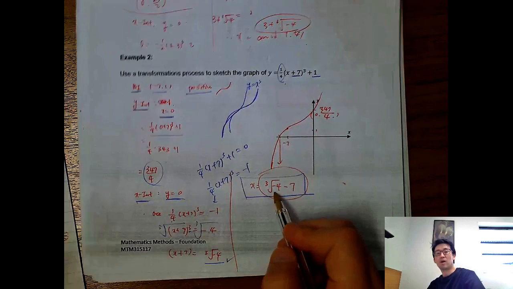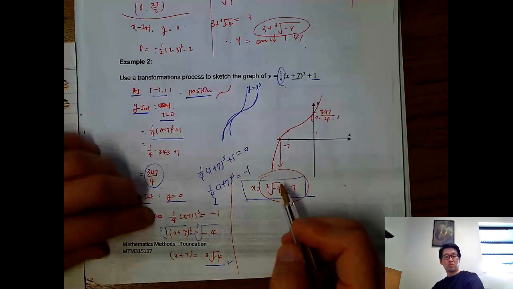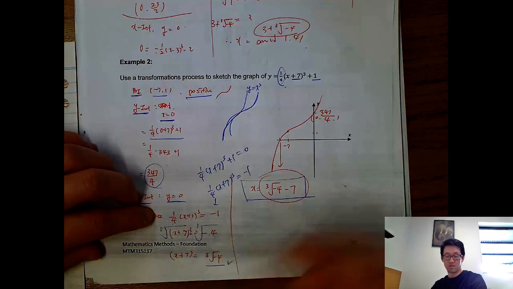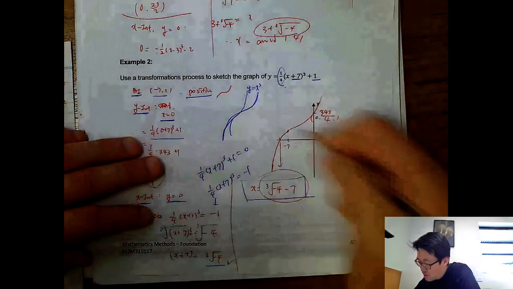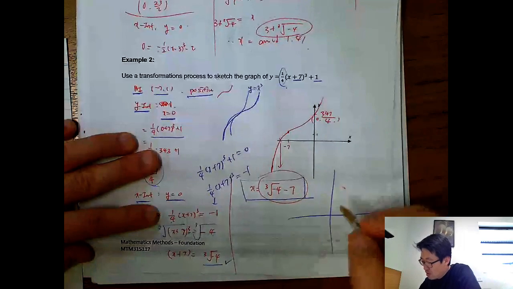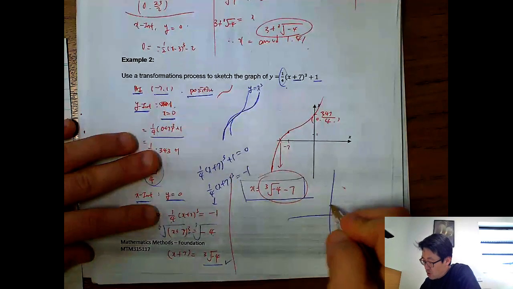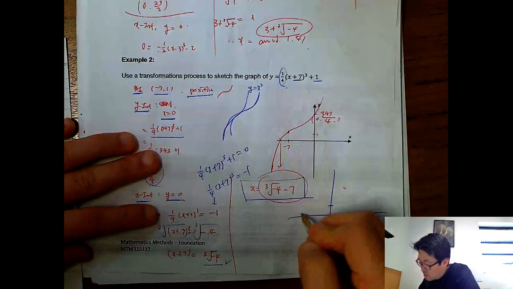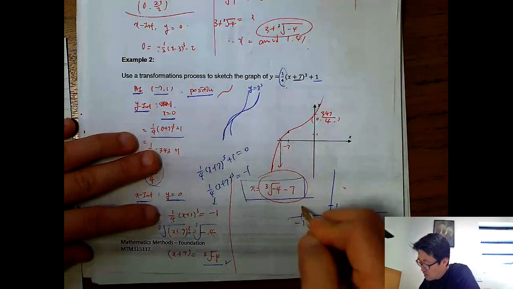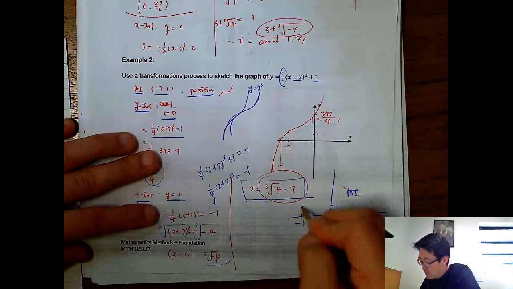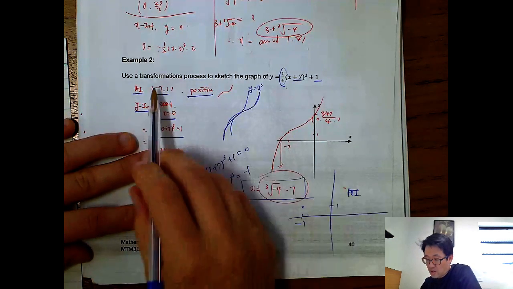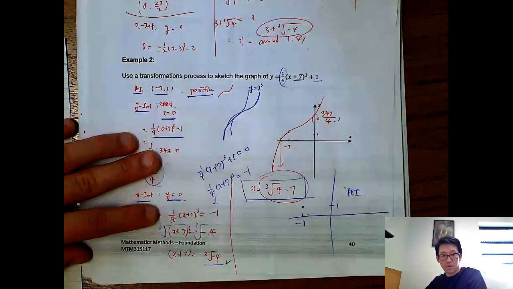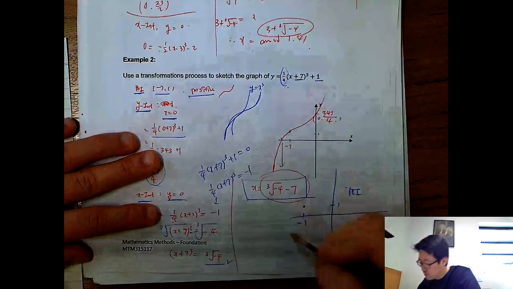Good. The cube root of -4 was around -1.5, 1 point something, yeah? So it's going to be about -8. It just keeps going in the negative direction. So I know (-7, 1) is the point of inflection here, and this is positive, going up.